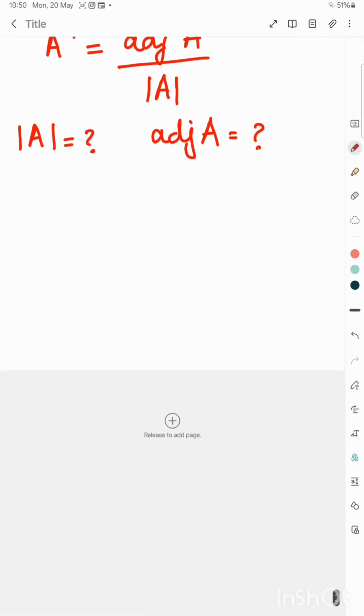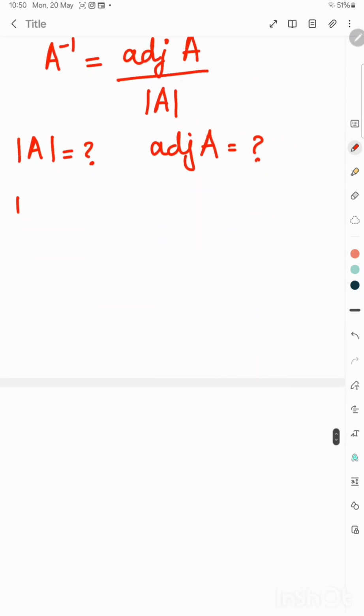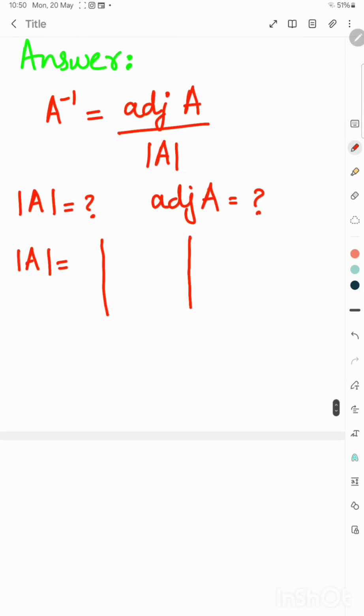So students, how will we find the determinant of A? It's really simple. You just write the given matrix, 1, 2, minus 1, 3, and cross multiply.